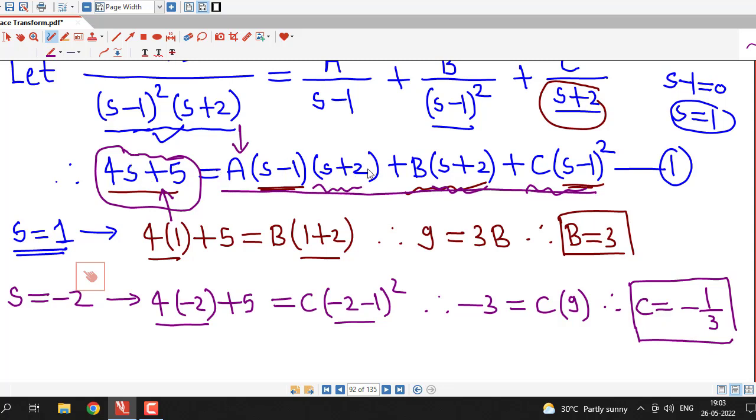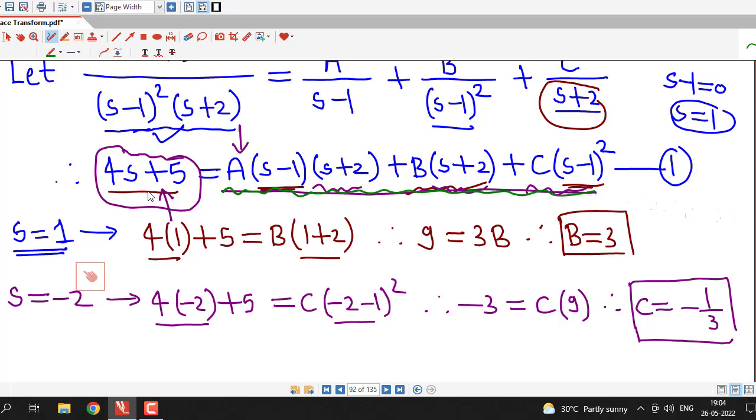If we simplify the right hand side, we can have it as something into s squared plus something into s plus some constant term. So either we can write the right hand side in terms of powers of s and then compare the coefficients of powers of s on both sides, or if you are comfortable, we can directly compare the coefficients of s on both sides.